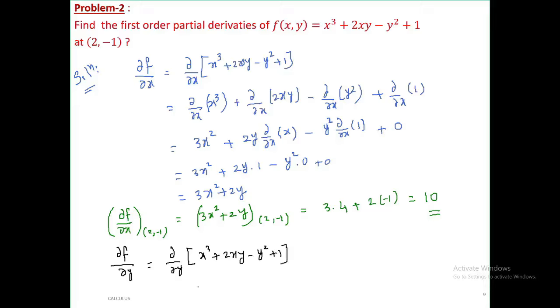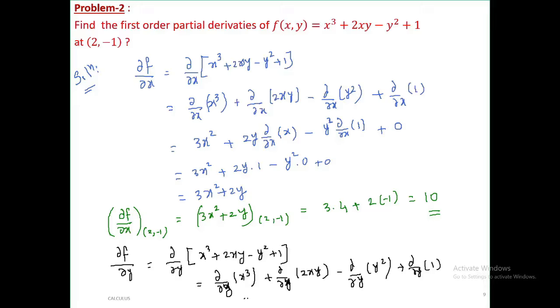Now again you elaborate this. So what will you get? ∂/∂y of x³, for more clearance I am writing like this, or directly you can evaluate if you are understanding. Plus ∂/∂y of 2xy, minus ∂/∂y of y², next plus ∂/∂y of 1.